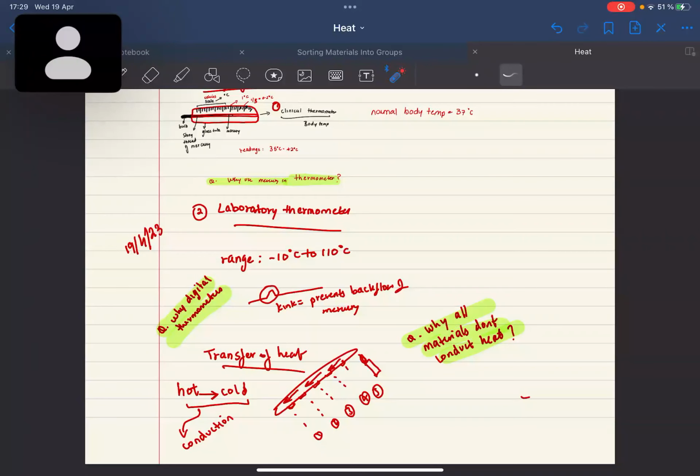I hope everyone is done. It's a small activity you have now. Use your Google, and I want you to find out how conduction of heat occurs from cold to hot object. I want you to write it down, and I'll ask you to send an image to WhatsApp. Once you're done, just send me the image.